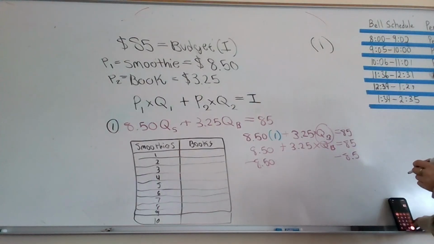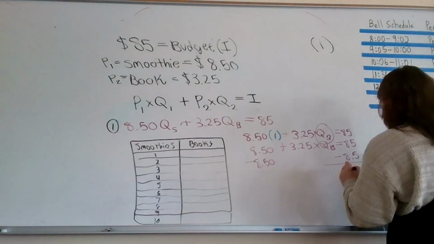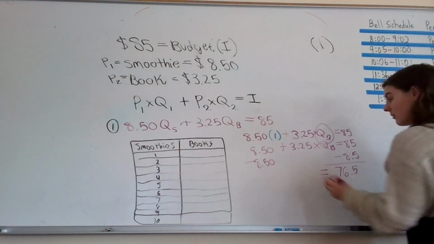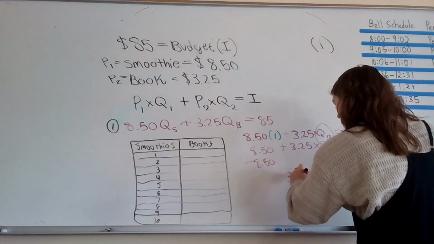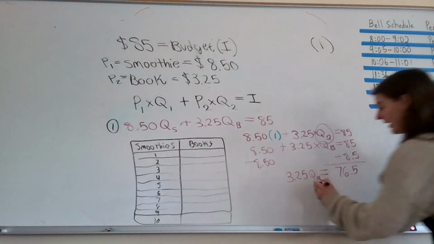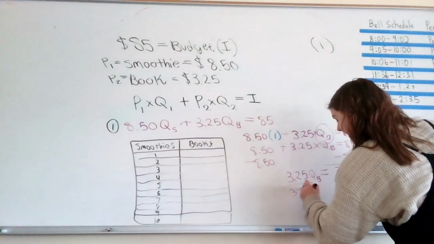Right? So 85 minus 8.5 is going to leave me with 76.5. And that's going to be equal to that $3.25 per book. Now I divide both sides by this $3.25.